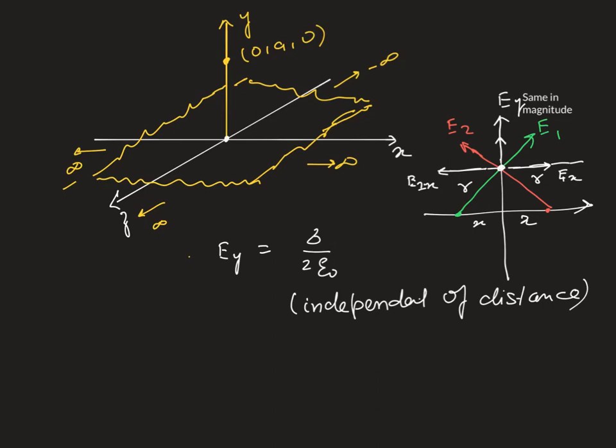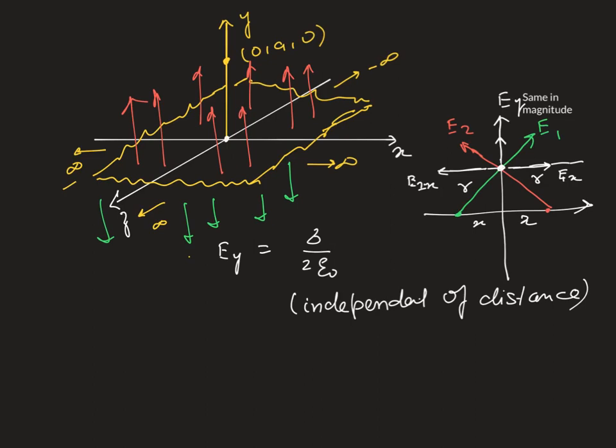Due to an infinite sheet, the field is always perpendicular to the sheet, above the sheet and below the sheet too.